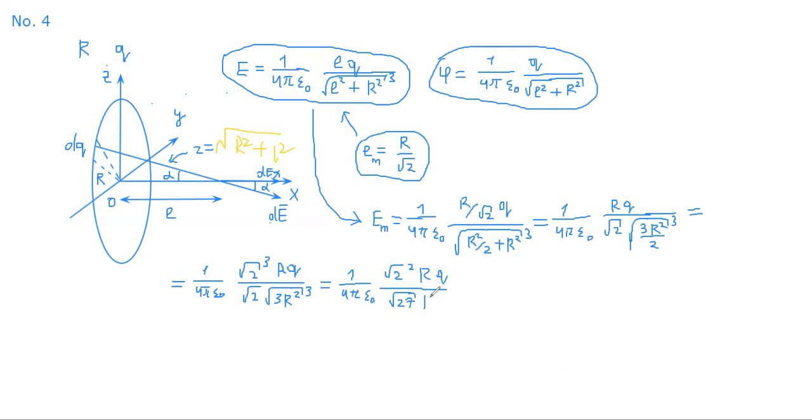Here the modulus of R. So 1 divided by 2π epsilon 0 R Q, RQ square root of 9.